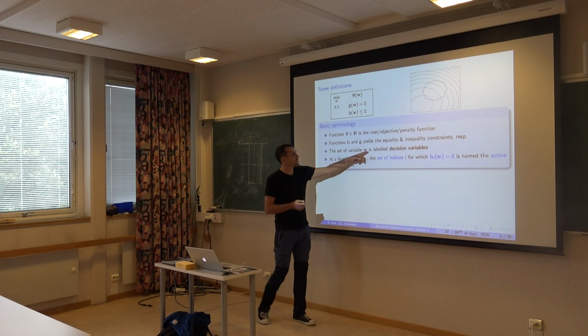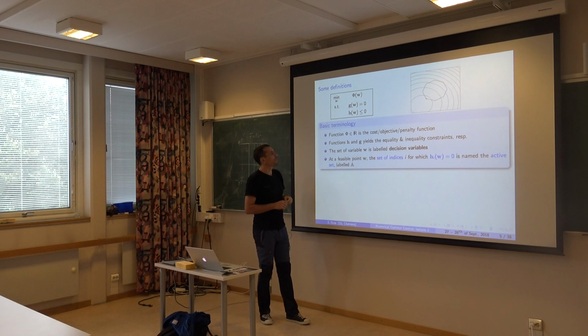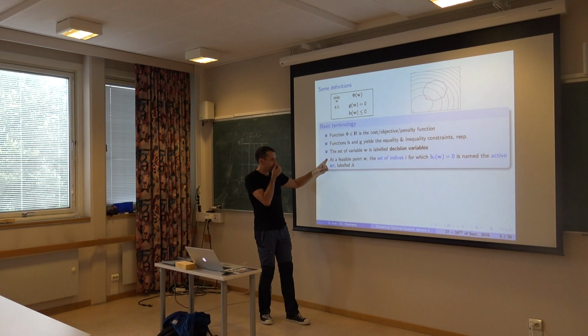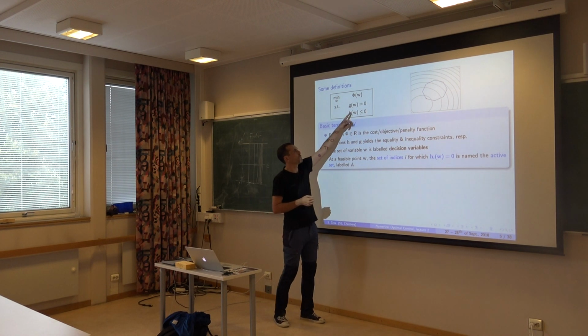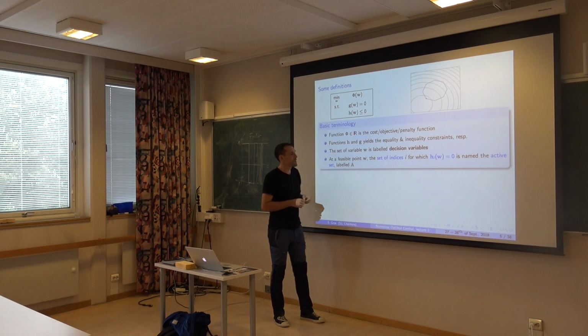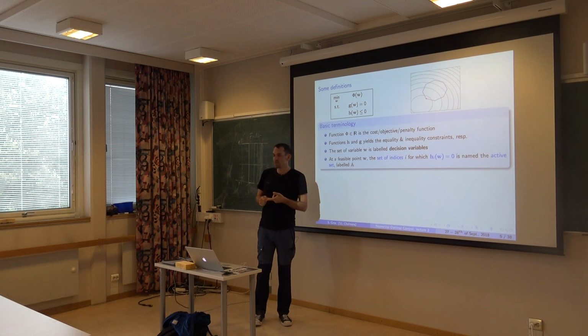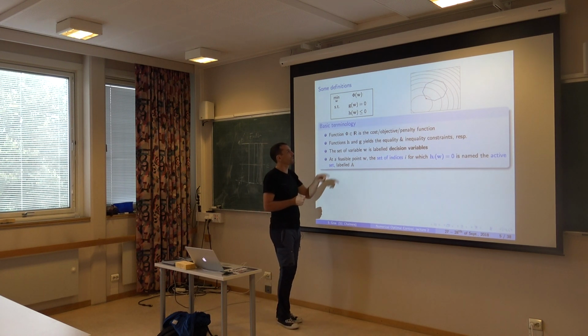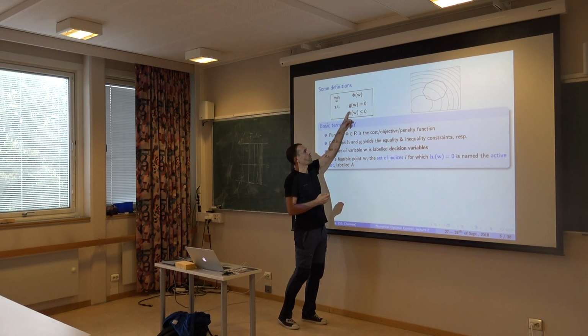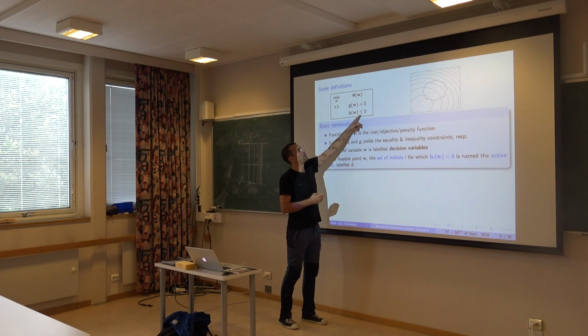The w's, we call them decision variables usually. And one thing that is useful: if you take a feasible point, a point that satisfies this, we'll talk about the active set and active constraints, and essentially that's simply checking which of these h are at 0.